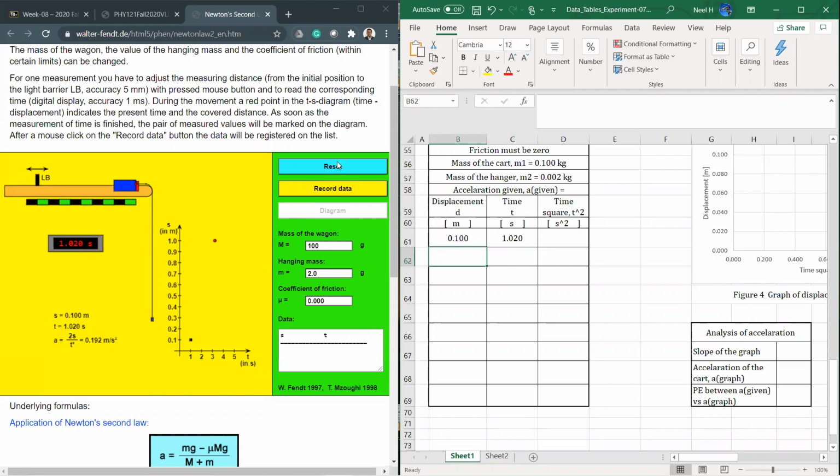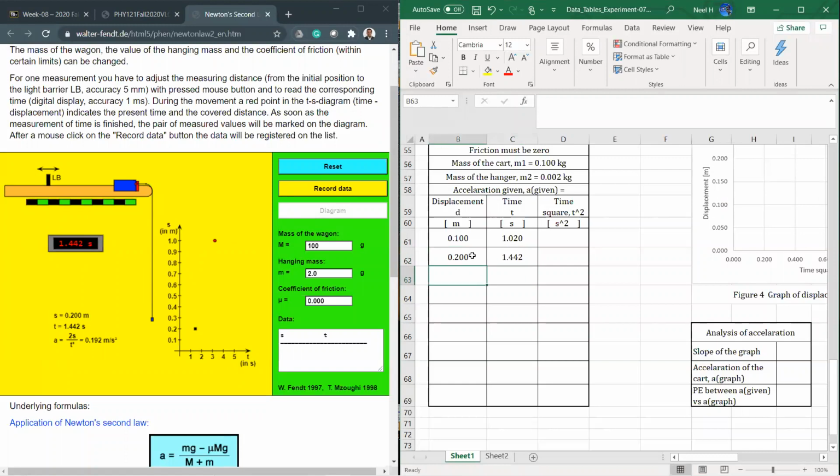Then we reset. Every time you reset, the LB goes back to 0.5. Now we're going to change the location of the LB by 0.1 each time. Earlier I did 0.1, now let's bring it to 0.2. We'll increase by 0.1 each time, and then start again. Displacement now 0.2, time it took 1.442.